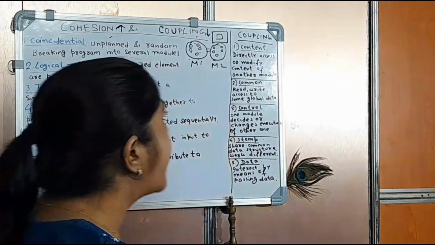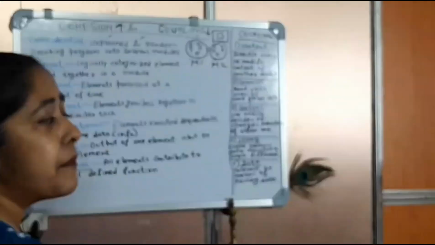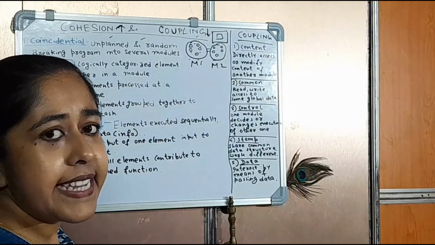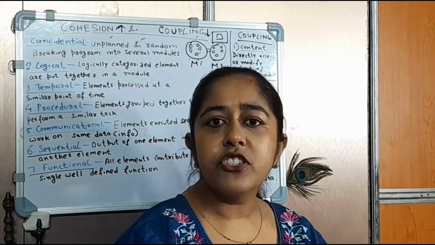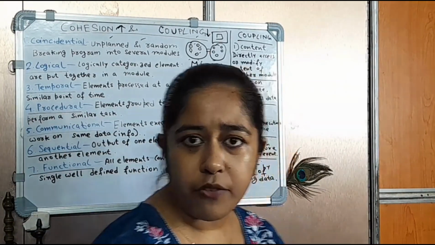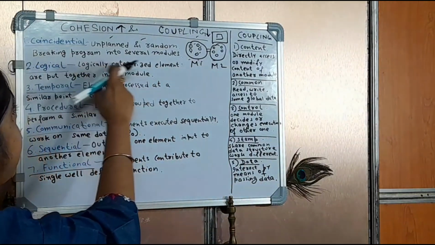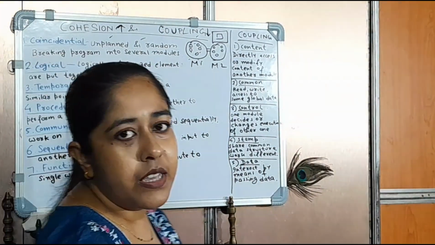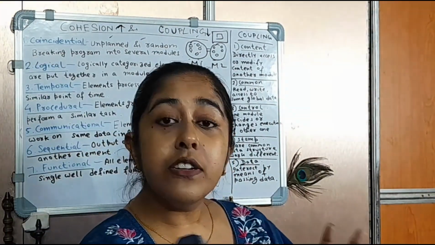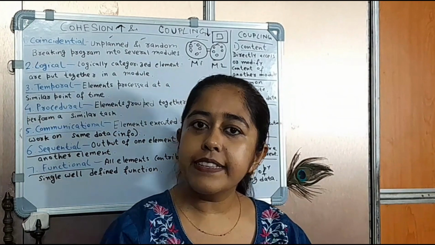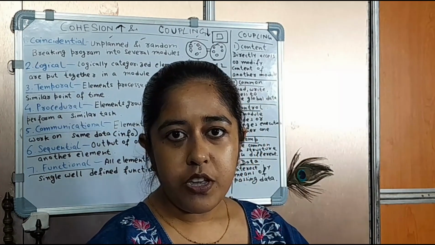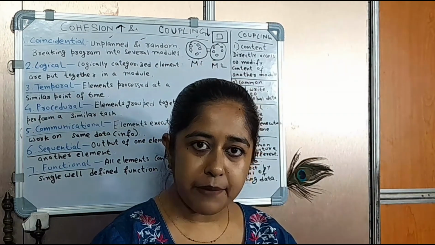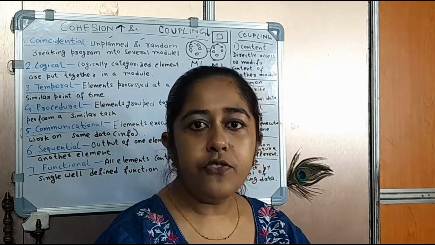Since this is random, we are just taking random interconnections between the elements of the module, as well as breaking the program into several modules. There is no particular number in which we break the elements of our module.